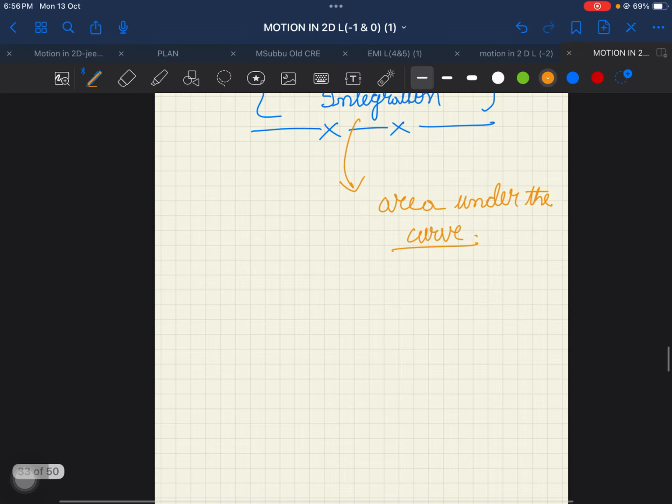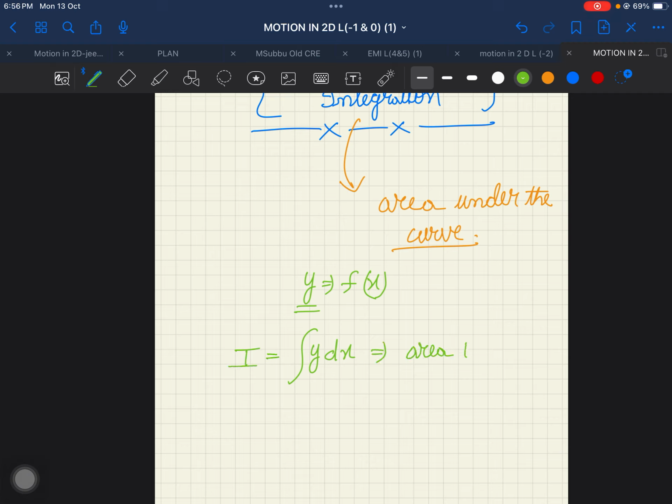Suppose you have a function y equals f of x, and you have integrated this y, meaning you have found the integration of y dx. This integration will give you the area under the yx curve.